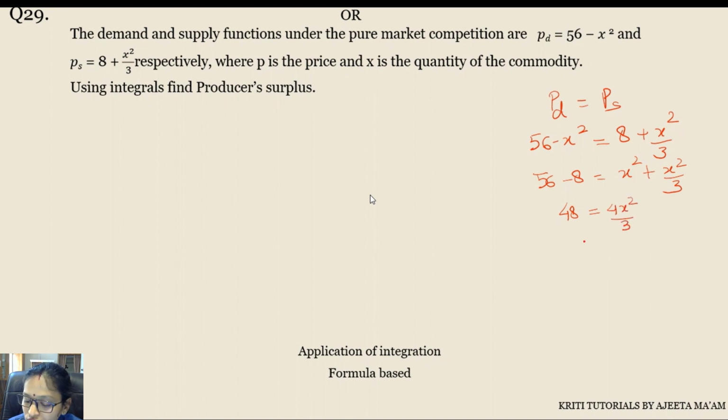Now what will you get on solving it? 48 into 3 upon 4 is x square. So solve it in a simple way. If I solve it, I get 36. So what is your x coming? x is plus minus 6. Again minus 6 is not possible because a commodity cannot be negative.